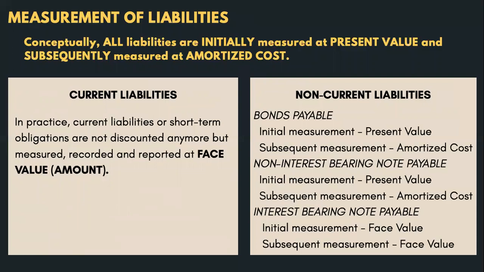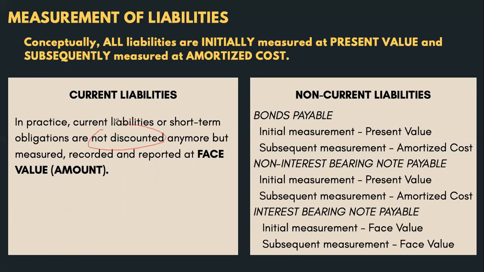Okay, so how do we measure a current liability? Although conceptually the initial measurement is at present value and subsequently at amortized cost, current liabilities in practice are not discounted anymore. So the current liabilities or short-term obligations are not discounted anymore.